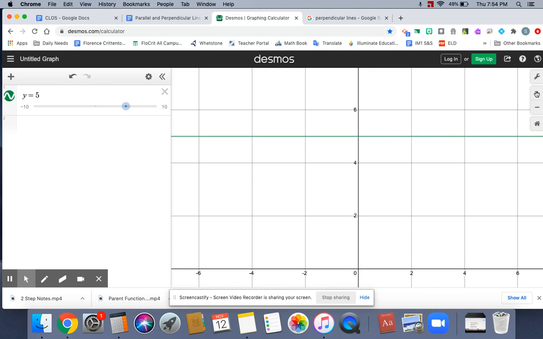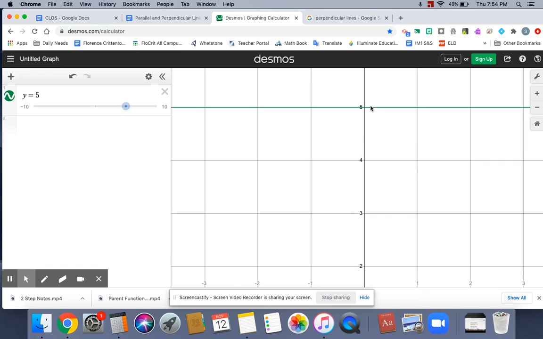Flat line at 5. So there's a y-intercept at 5, but there's no slope. It's not going up or down. It's just kind of like a flat line. Because it's staying 5. Like the 5 as the y never changes. All these points have the y being 5. You see how they all say comma 5 on it?